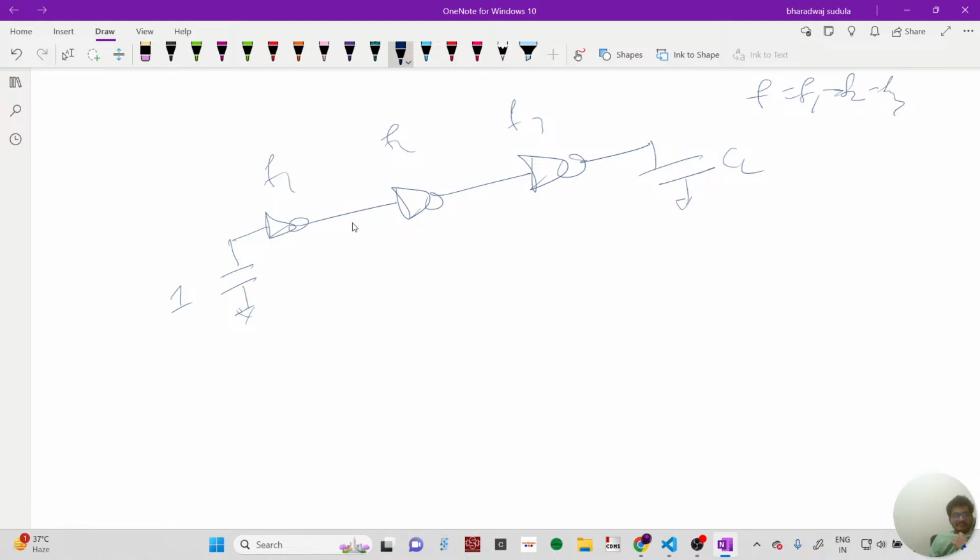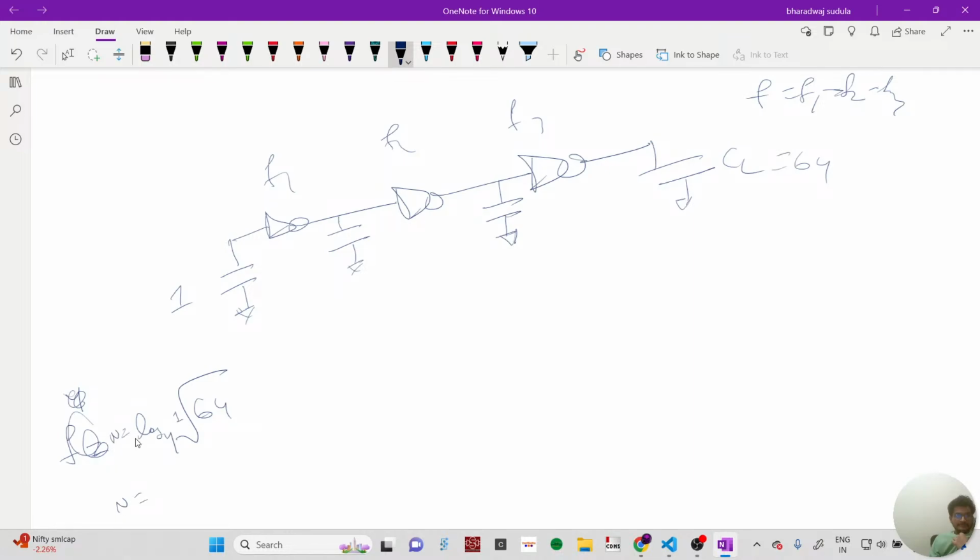So if you have 64, we found out that fan out, sorry, 64 root log base 4, this is n, right?